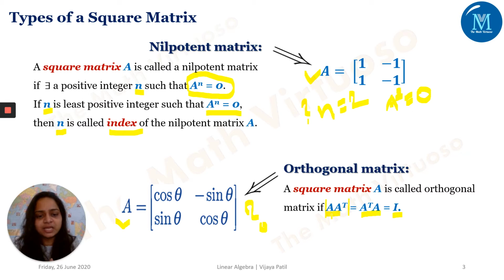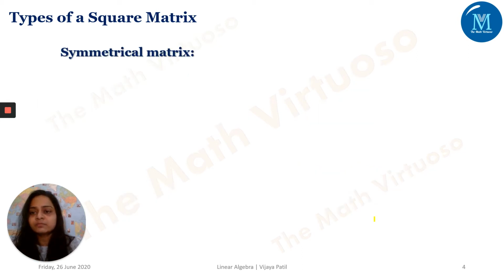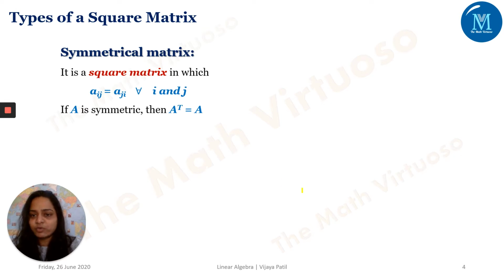Check whether A into A transpose is the same as A transpose into A is equal to I or not. Purposely, I'm putting more stress on the definition of a square matrix.